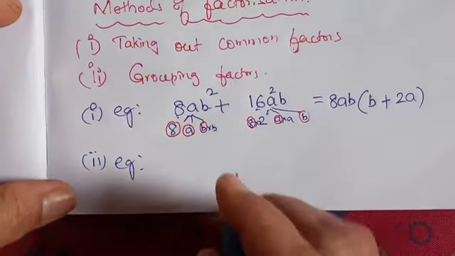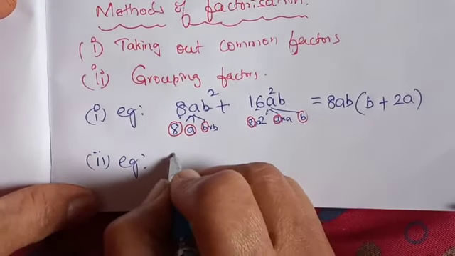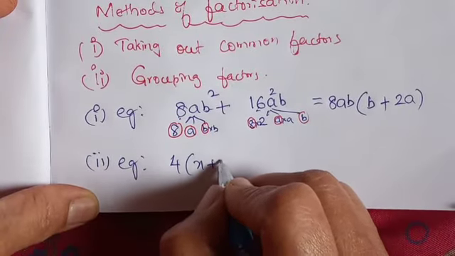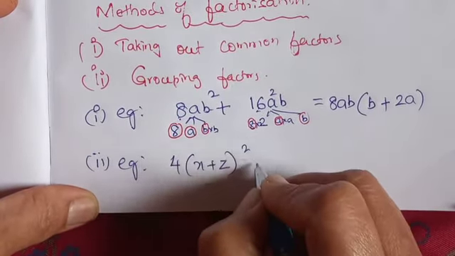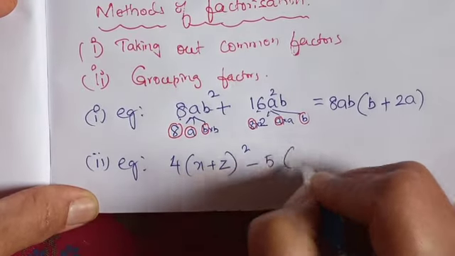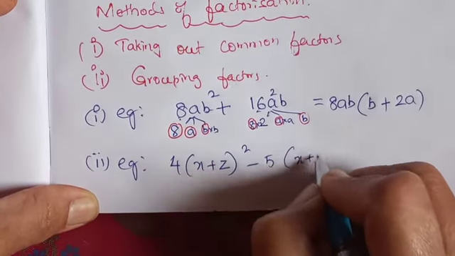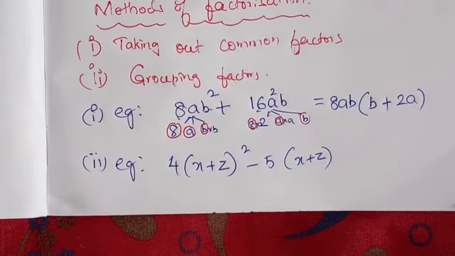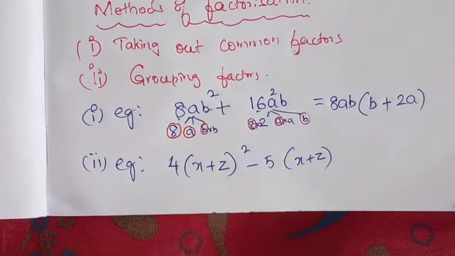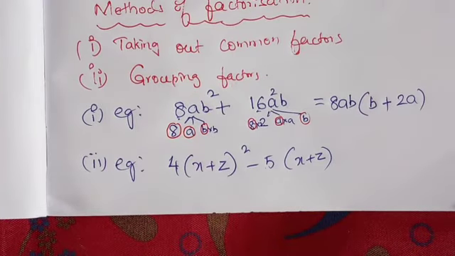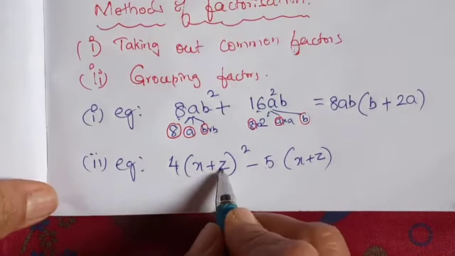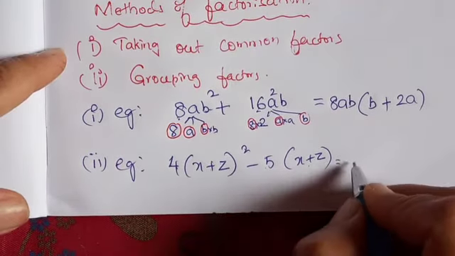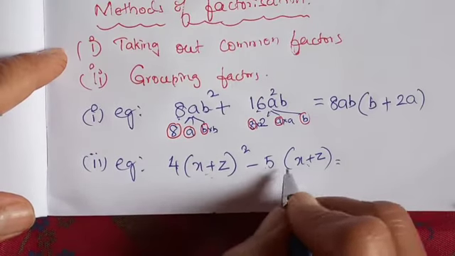Okay, children. Second example is 4 into (x plus z) whole square minus 5 into (x plus z). Here 4 and 5 are co-prime, no common factor, just leave it like that. (x plus z) twice is there here, (x plus z) once is there. It's very simple. So x plus z only I can take common.